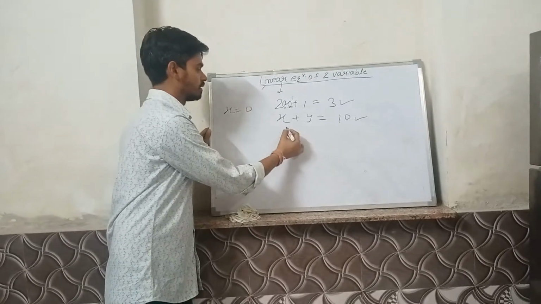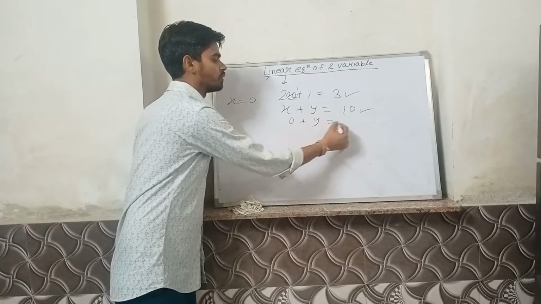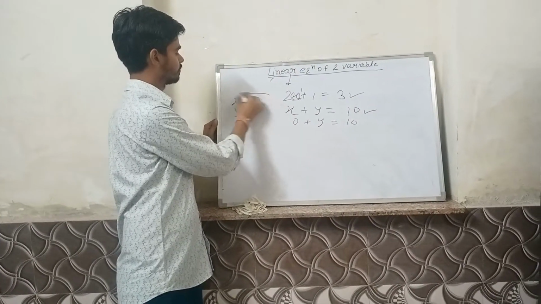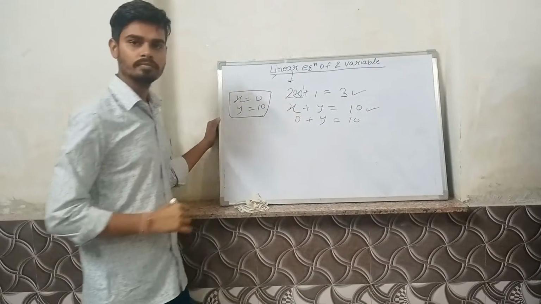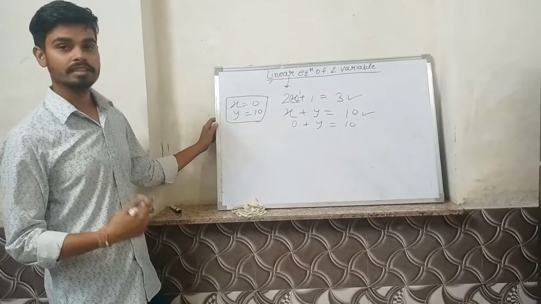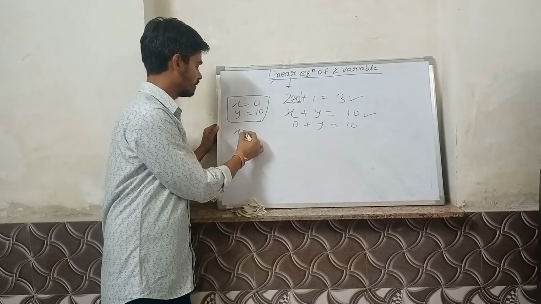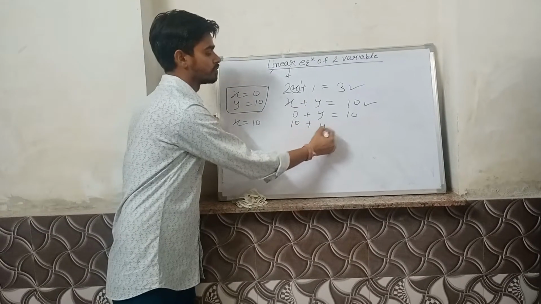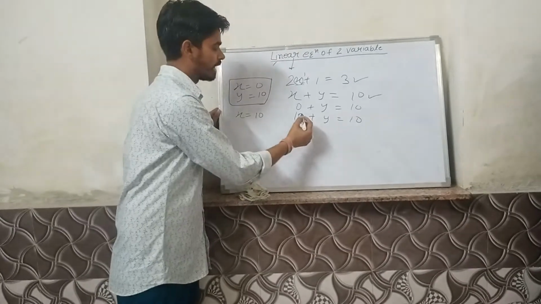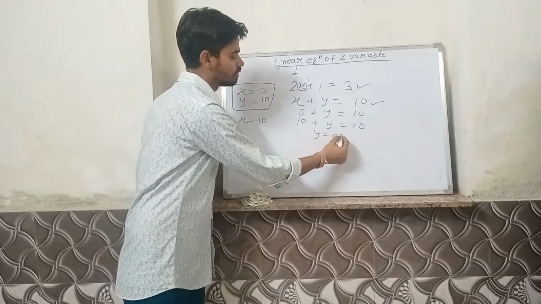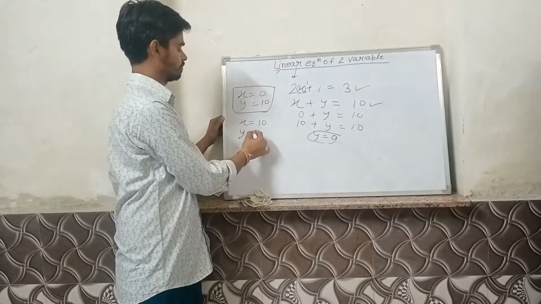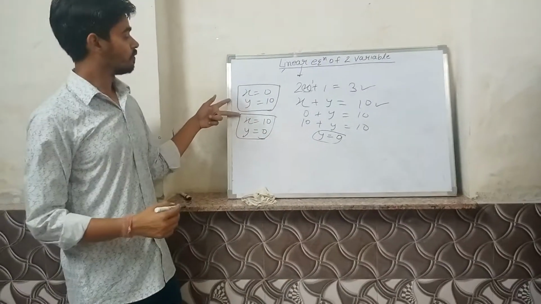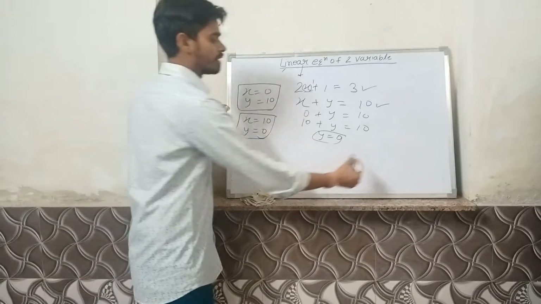Then we get 0 plus y is equal to 10, so we get y is equal to 10. And as another example, if we put x is equal to 10, we get y is equal to 0. So we get 2 points for making a line.